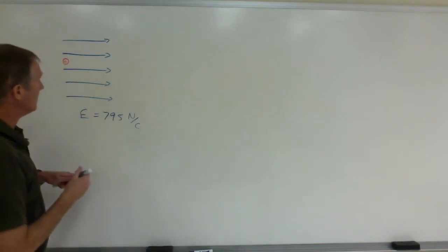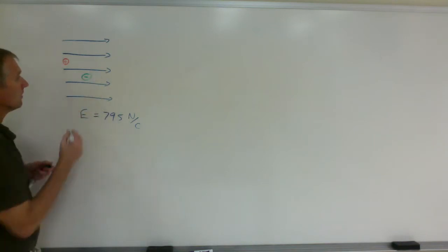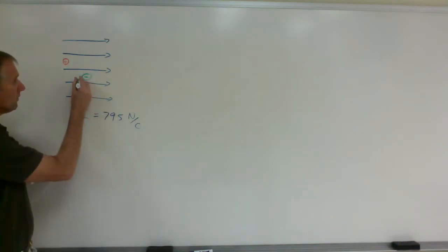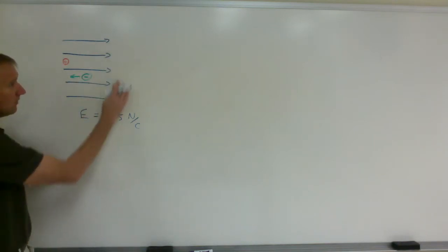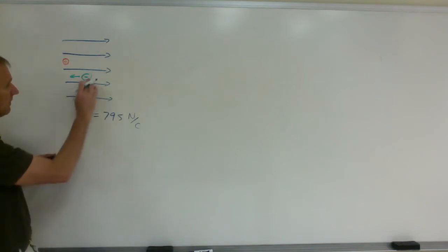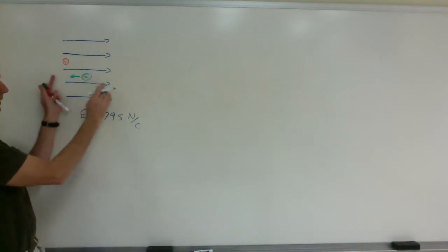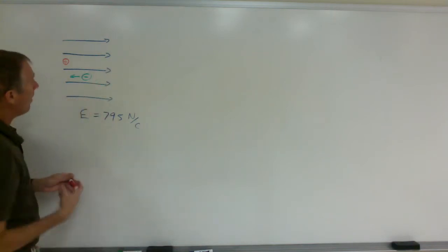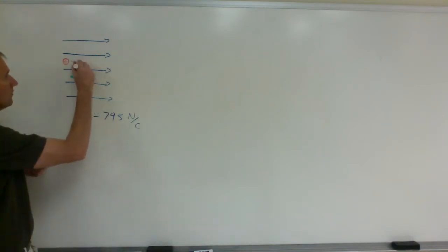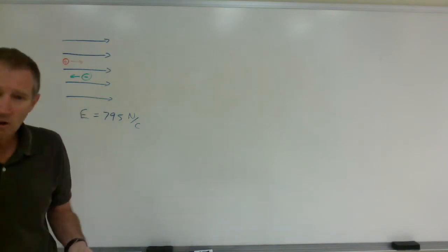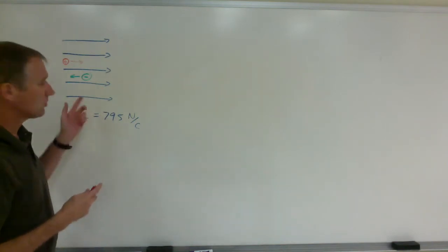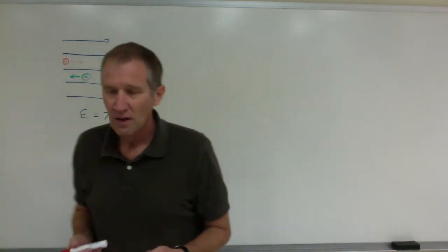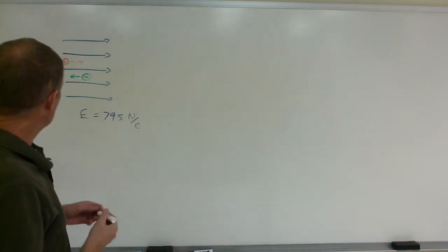If I placed a negative charge in here, that would experience a force to the left. Because remember, this was a negative plate, that was a positive plate. Negative charge would be attracted to the positive plate, repelled by the negative plate. So positive charges always experience a force in the direction of the field, always. And negative charges always experience a force opposite the direction of the field.